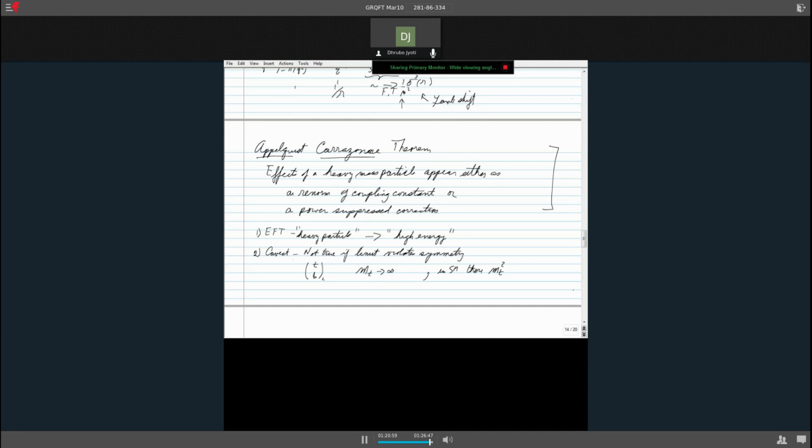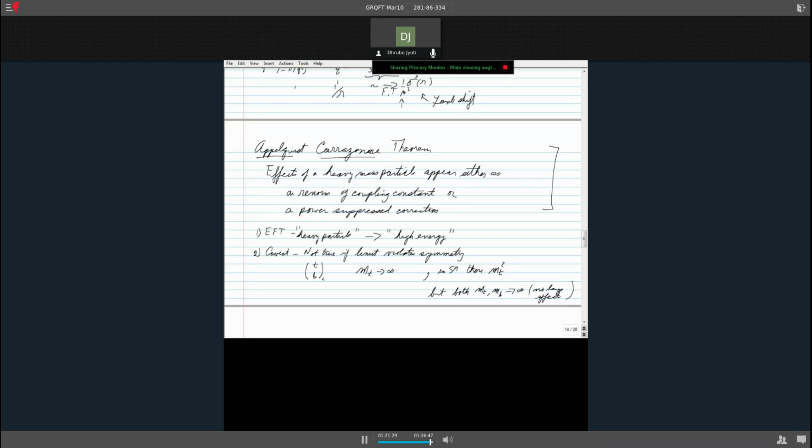So even if you have light particles around, in the loops where the momentum is very high, the high momentum components of loops obey this also. It either goes into renormalization of a coupling constant or is power suppressed. So sometimes we will separate out the high and low momentum pieces of a single particle.